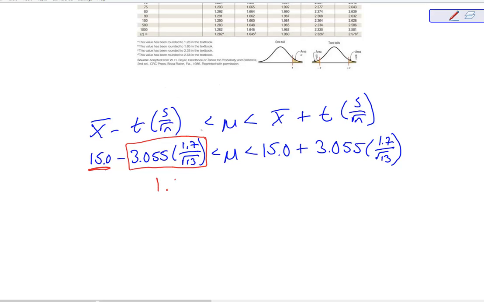So I get 1.4. So I have 15.0 minus 1.4 and 15.0 plus 1.4. And so I get 13.6 and I get 16.4.